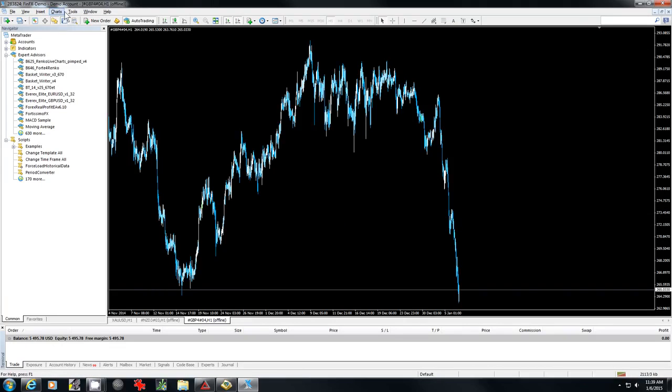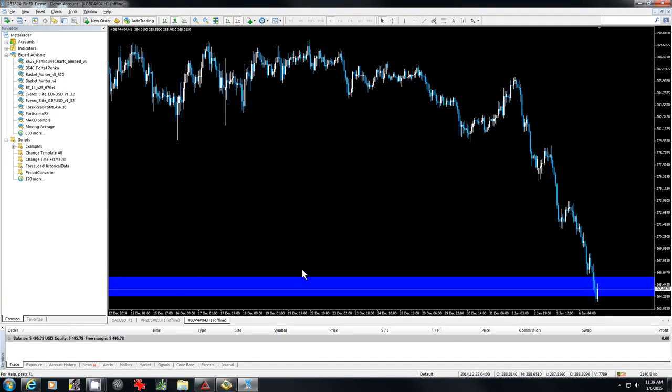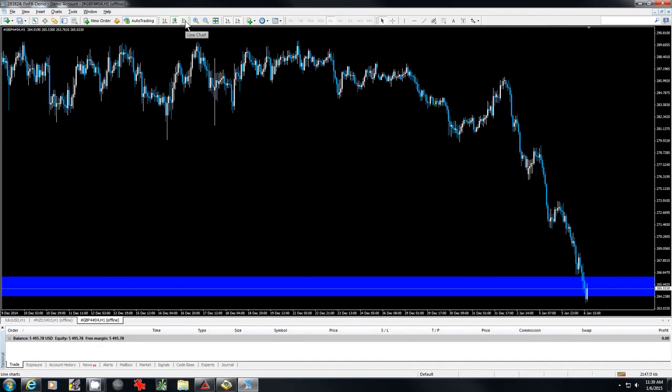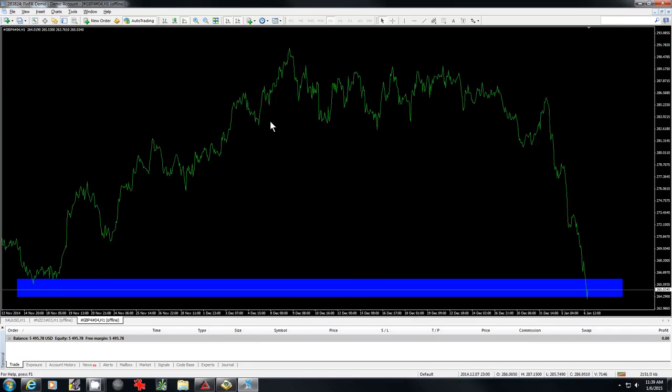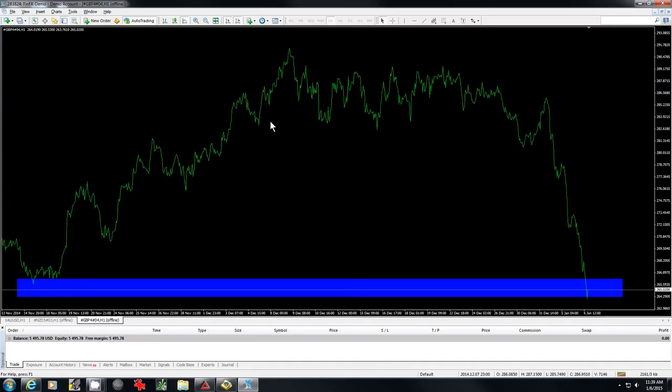And as you can see, doing some support down here. Looks like we might have broken through it a little bit, but it just depends on what it's going to continue to do here.